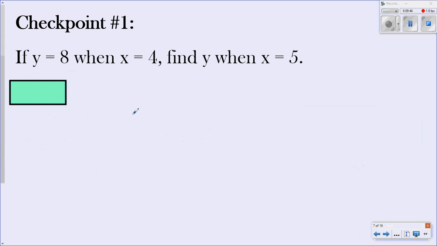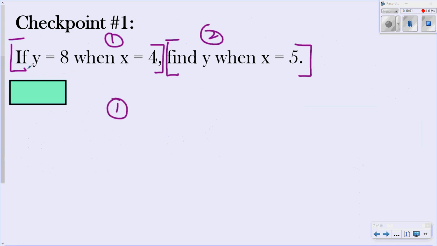Now, when they give us something like this and it's based on direct variation, we're doing a two-parter. This is the first part, this is the second part. So the first part, they gave me y and x. So I'm going to use that formula, y equals kx, plug in the information to find my k.